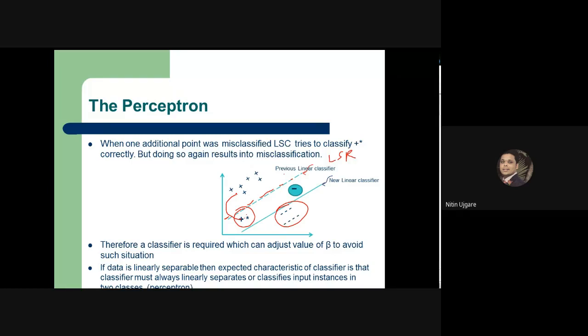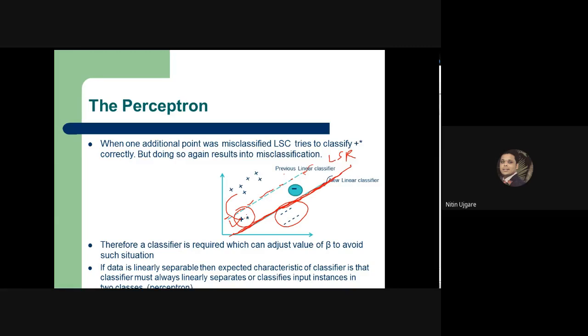So when the additional point was misclassified, the least square classifier tries to classify this misclassified point correctly. So what has the least square classifier done? It has changed its decision boundary, and this is now the newly constructed LSR classifier.